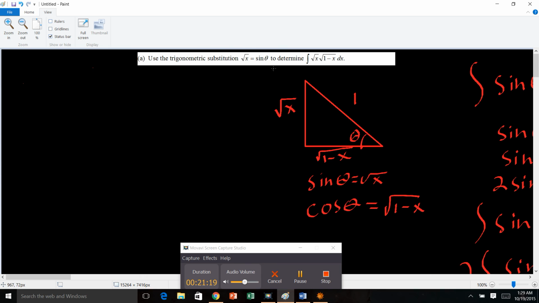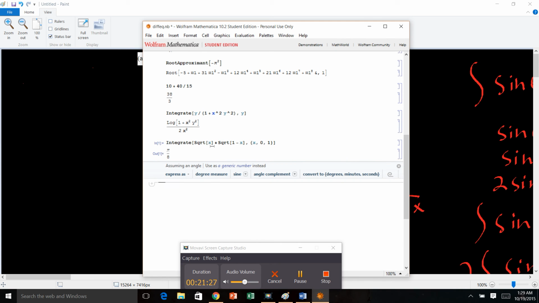The original integral was the integral of square root of x times the square root of 1 minus x dx. And I took it to Mathematica and just chose some arbitrary numbers that worked in the integral as x goes from 0 to 1. So I made it a definite integral, and I got pi over 8.